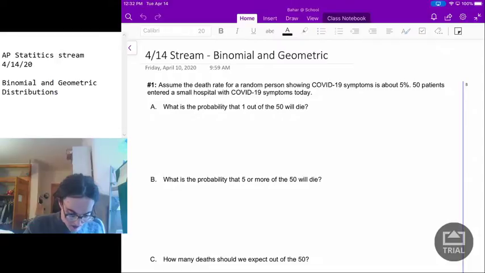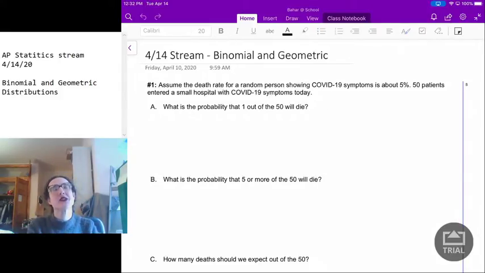It's going to be equal to N choose K, where N is the number of trials and K is the number of successes.